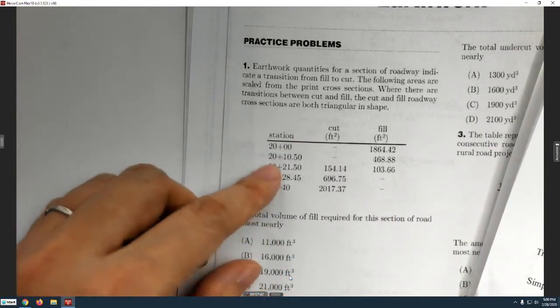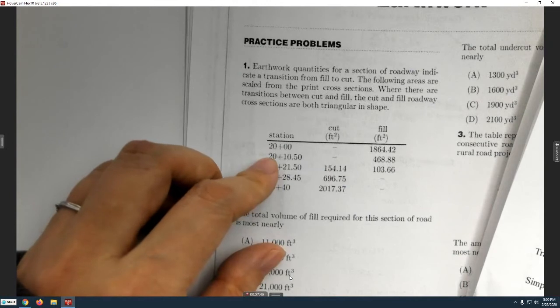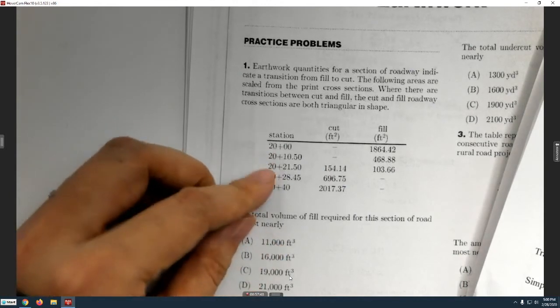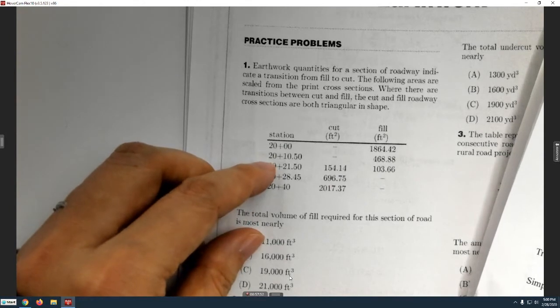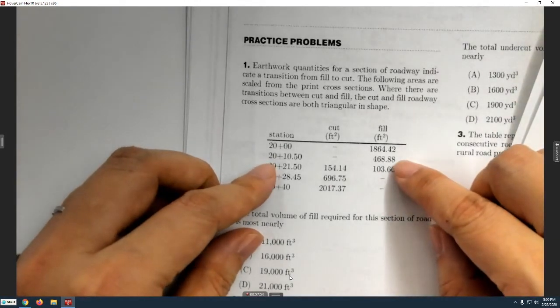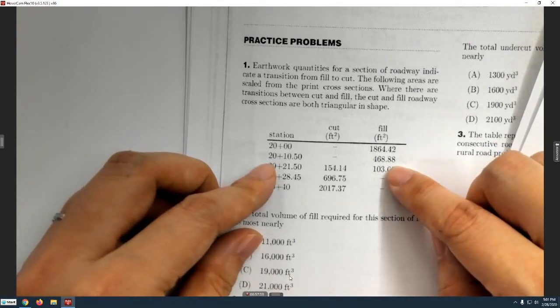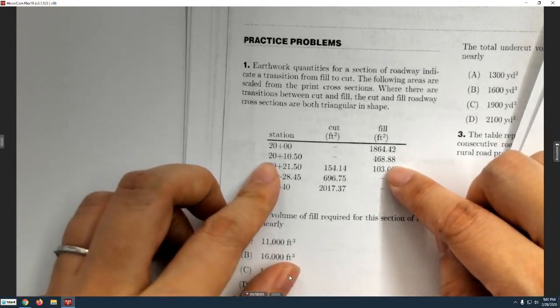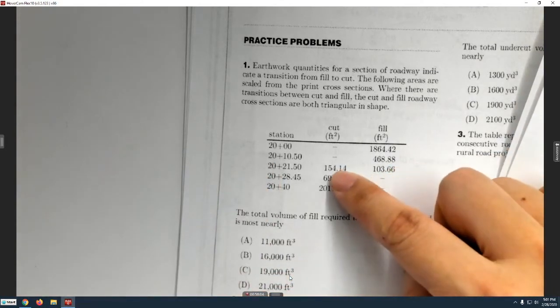And then the next part, same thing. You first do these two. The length is 11 feet, and you first do the calculation for the fill again. Take the average of these two areas, multiply by 11. That's the fill volume.